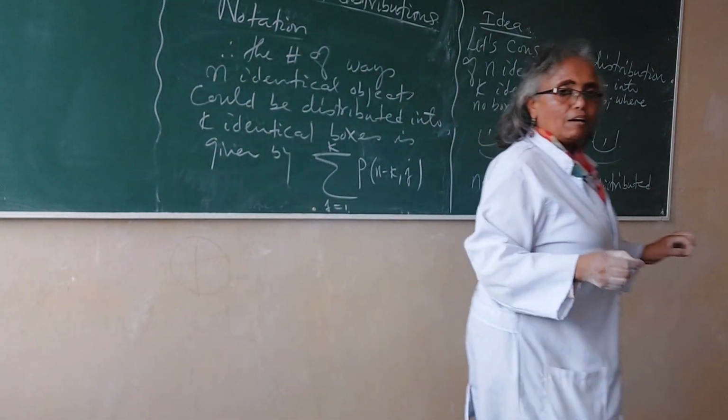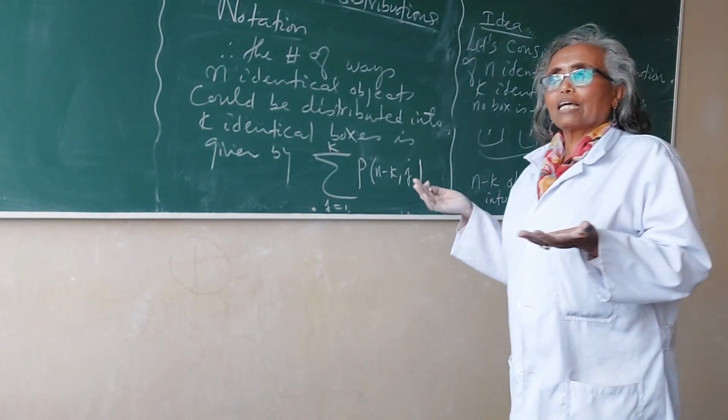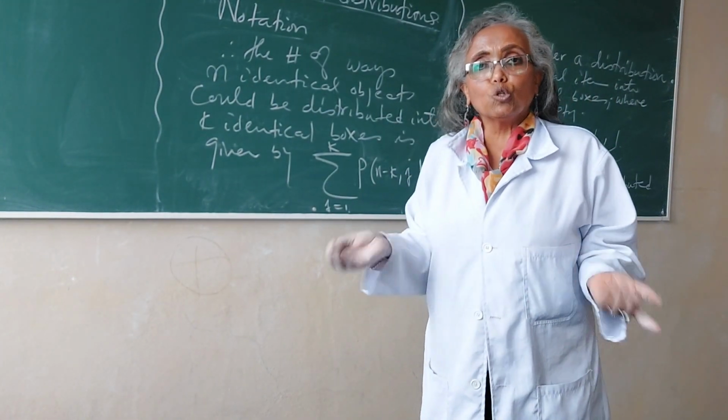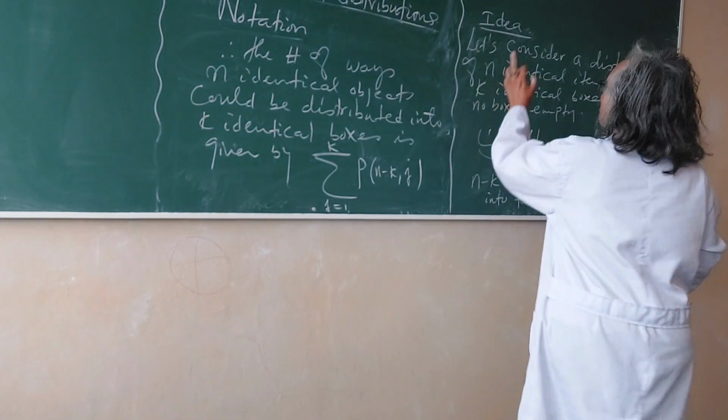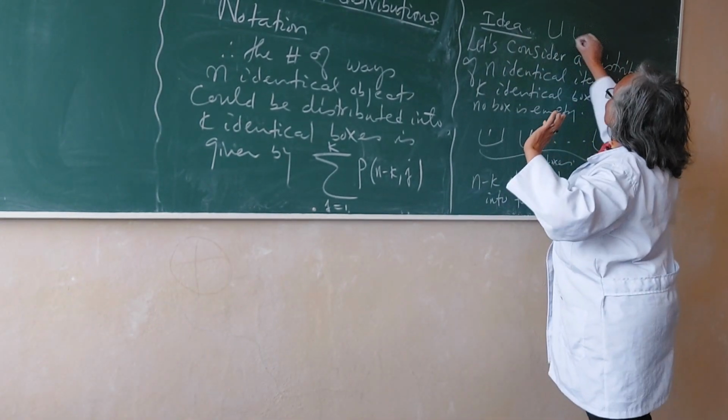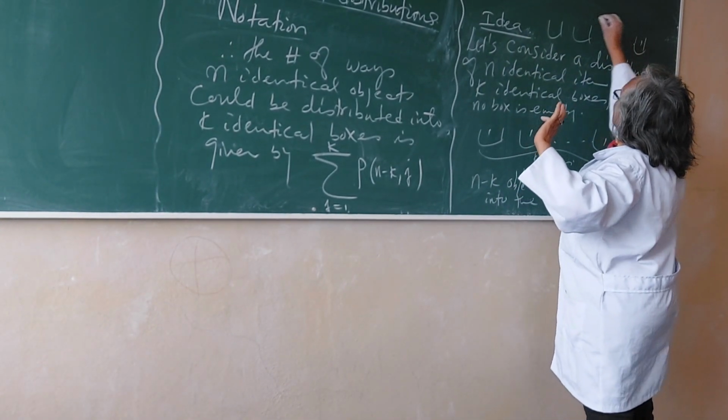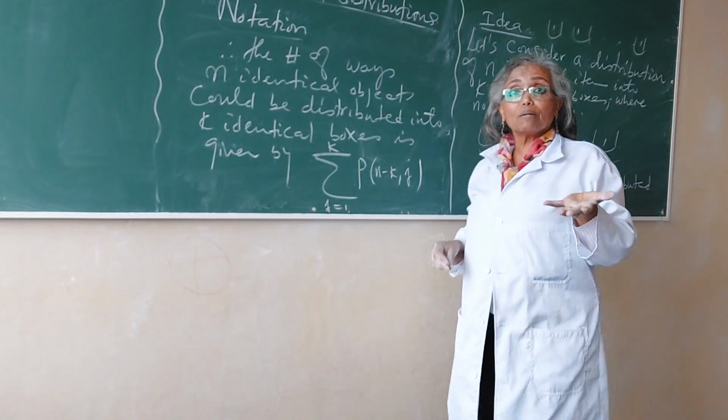You see, I have finished my k of the items. I have utilized the k just to make sure that none of the boxes is empty. So now I'm left with n minus k.